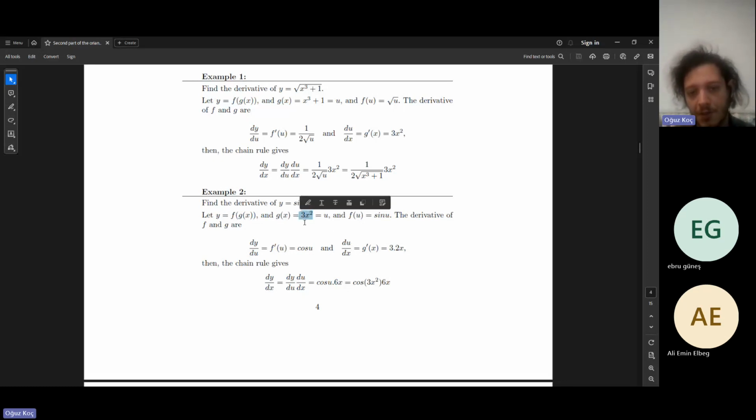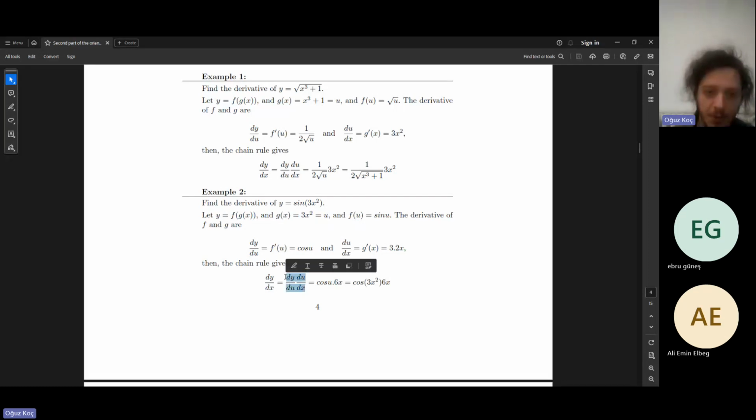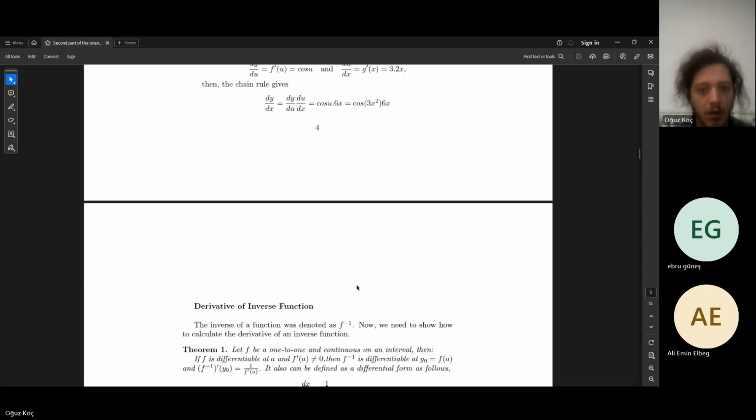When you take the derivative of this function, it gives you 6 times x. And then we put those values into the differential, and we get cos of 3 times x squared, times 6 times x.